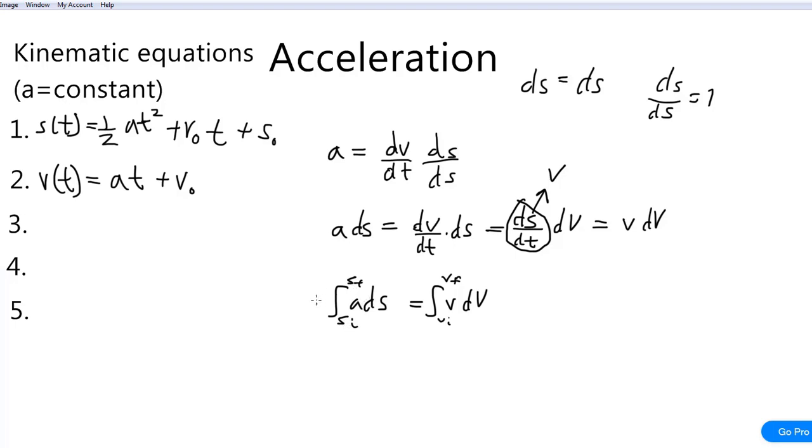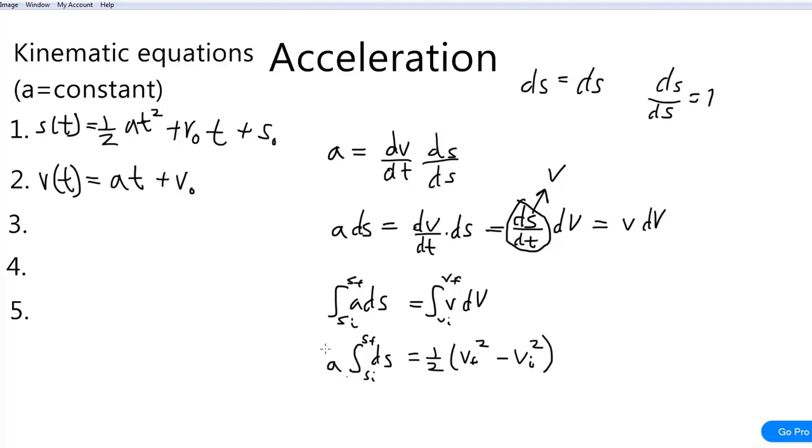In the end, we'll be able to take out a, and so we have a times the integral of ds from s initial to s final, and then this is just going to be, like I said, a half v final squared minus v initial squared.